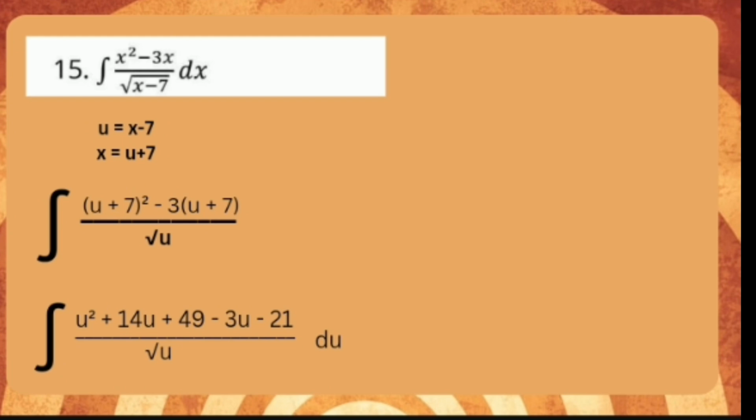Then we simplify the numerator, so it becomes the integral of u squared plus 11u plus 28 over square root of u du.